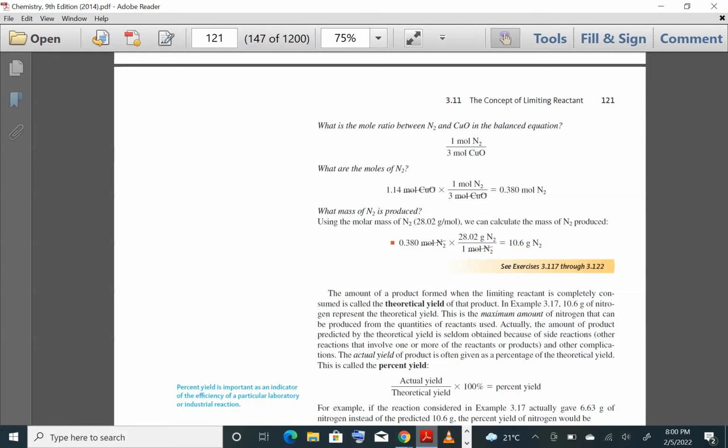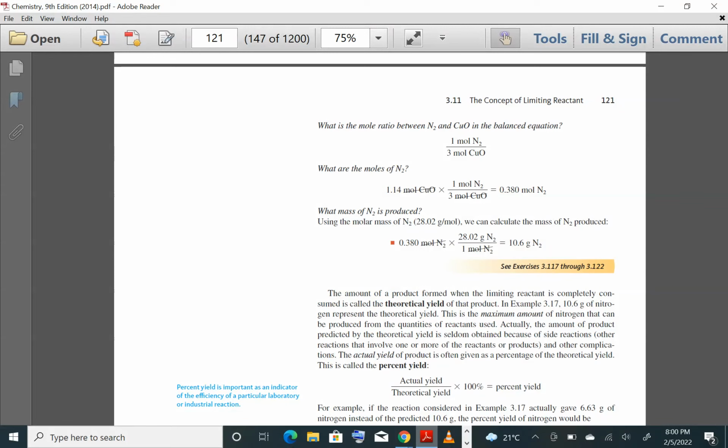And percent yield is very important as it's an indicator of the efficiency of a particular laboratory or industrial reaction. Imagine you want to produce nitrogen and your percentage yield is, let's say, 20%. That's really poor, because it means that 80% of your reactants are going to waste, for lack of a better term. So percentage yield is very, very important.